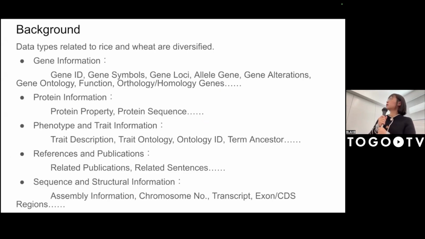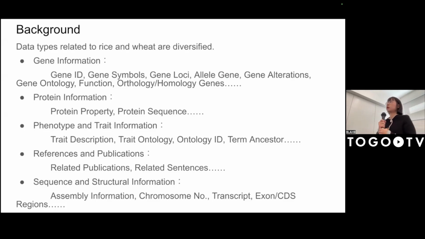These are the different data types I collected from those databases. And we can see that there are different omics data scattered in different data resources. Like the gene information will include gene ID, gene symbols, allele gene alterations, gene ontology, their functions, their orthology and homology genes.